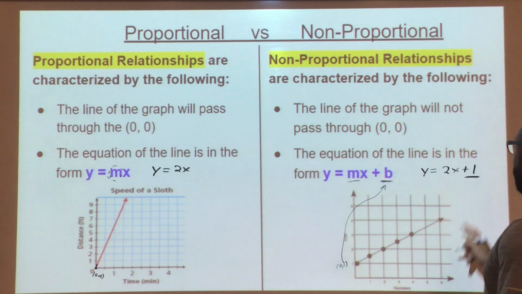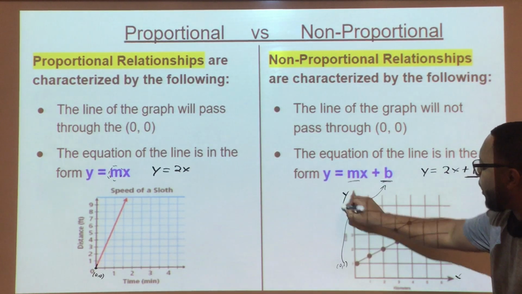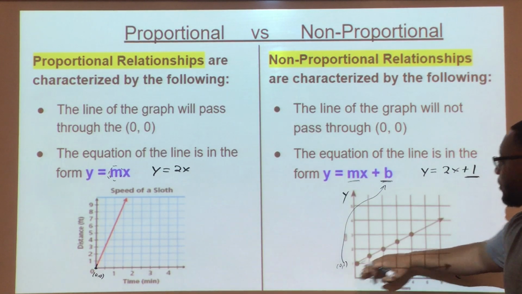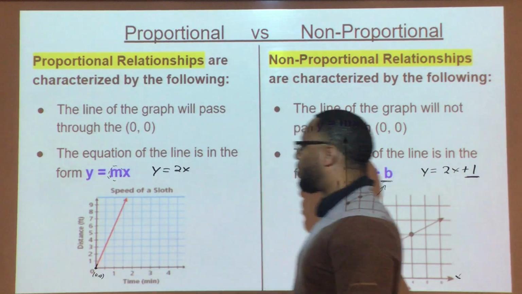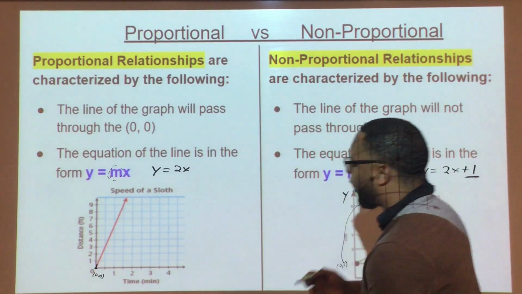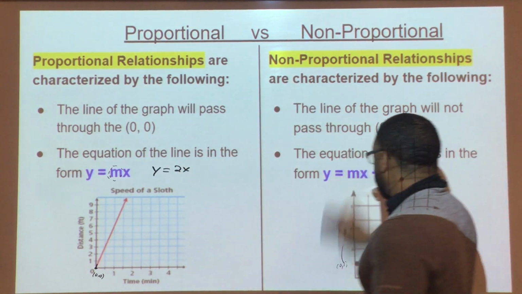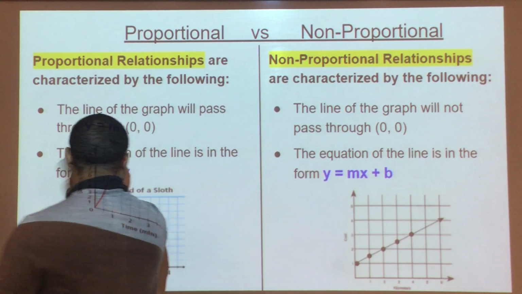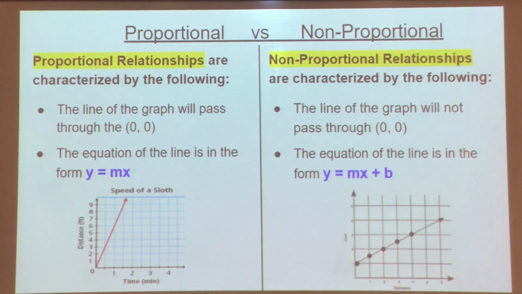That plus 1 is telling me where my line is going to cross the y-axis, because you know this is x and this is the y-axis. Wherever your line crosses goes right here. But in this situation, if it goes through (0, 0), then there is nothing to add, because that's where it crosses, at (0, 0). So again, as we work through some examples, which we're going to get to very shortly, this will all start to make more sense. Right now, I'm just laying the groundwork.